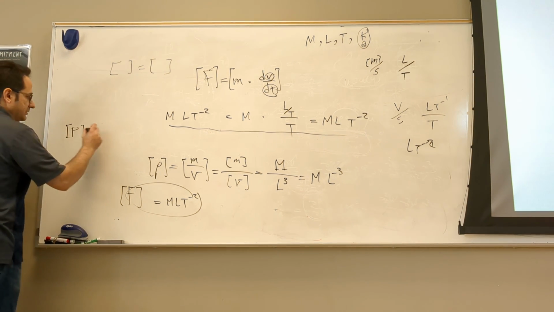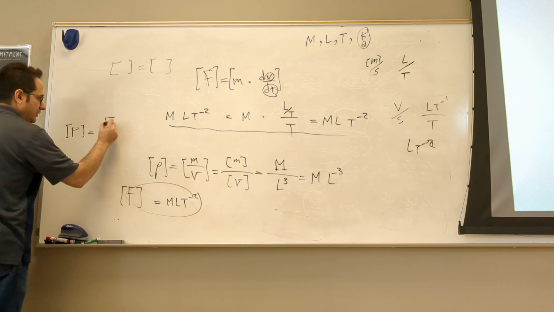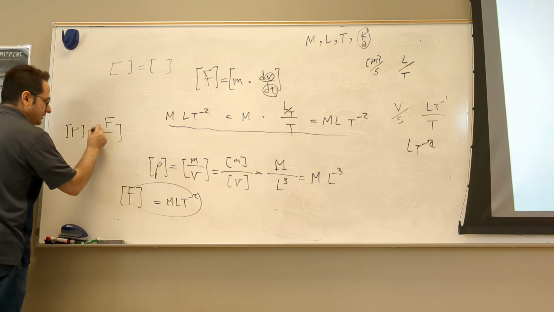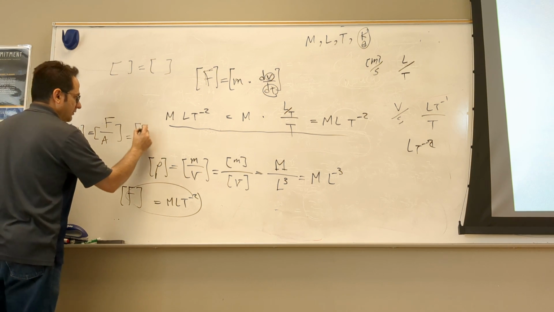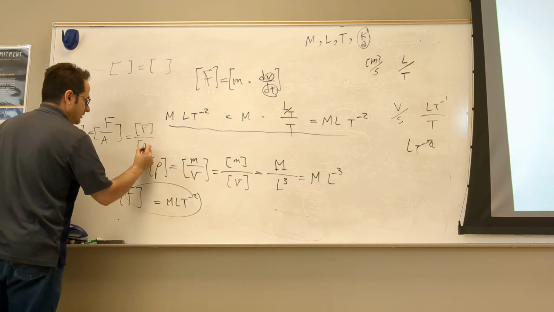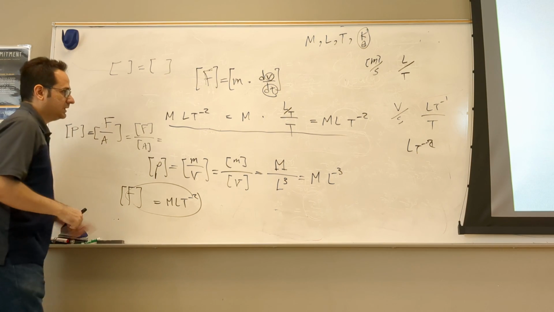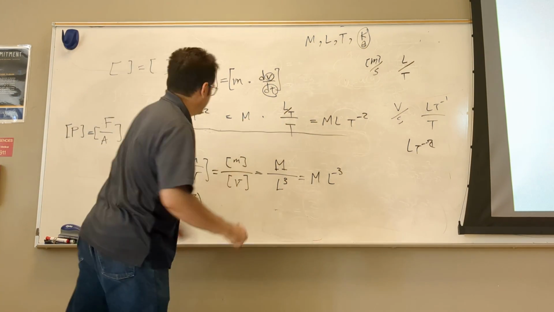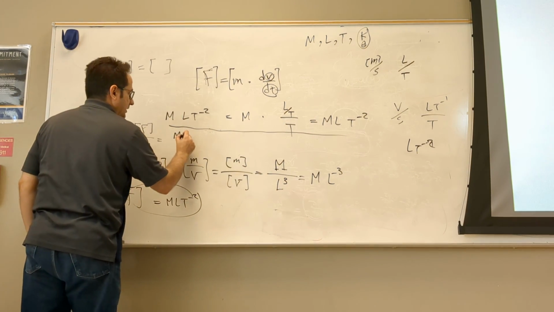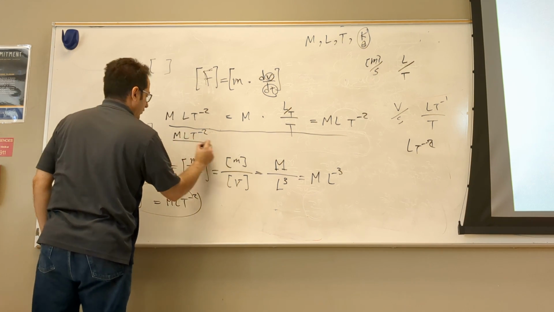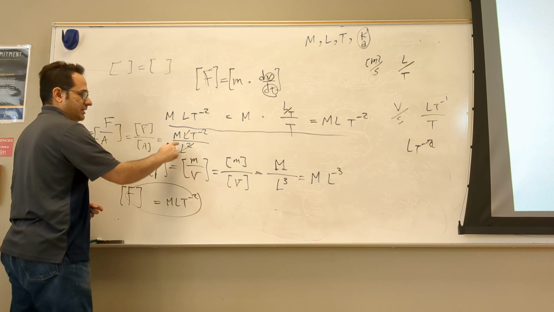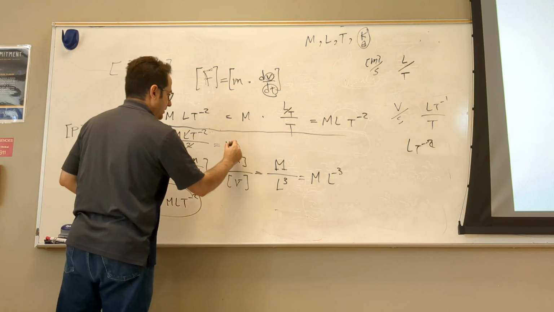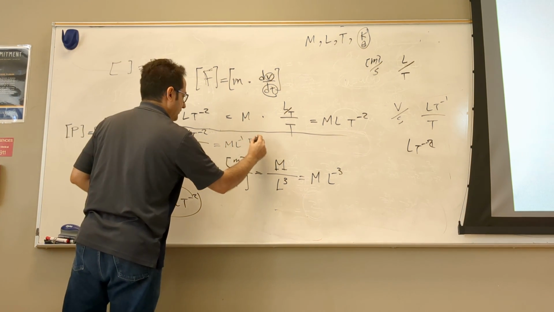Well, use the definition, force over area. So bracket F over bracket A. What's bracket F? M L T minus 2, you can get it from the table. Over bracket A, which is L squared. This cancels out with this, you get 1 over L, so you get M L negative 1 T negative 2.